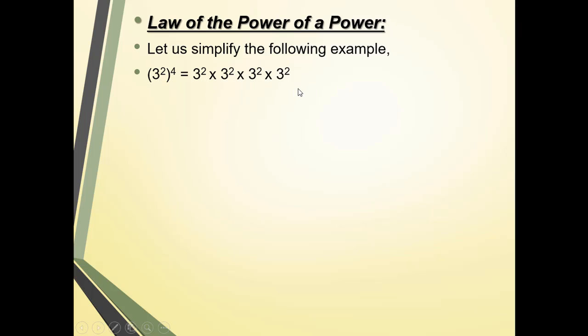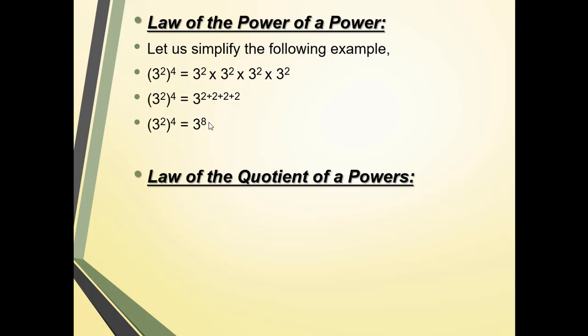Number 2, we know that in multiplication, when the bases are the same, their powers should be added. As these values contain the base 3, which is the same, we need to add these 2s: 2 plus 2 plus 2 plus 2. 2 plus 2 is 4, 4 plus 2 is 6, and 6 plus 2 is 8. So 3 square to the power of 4 will be equal to 3 to the power of 8.